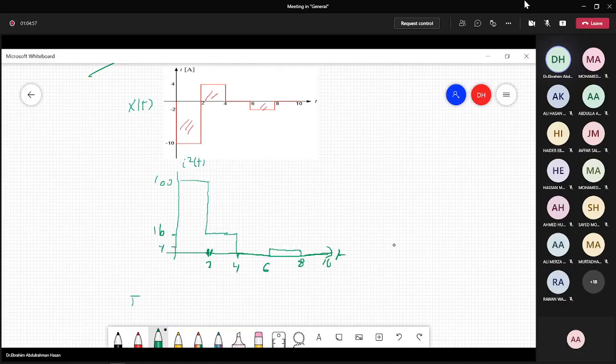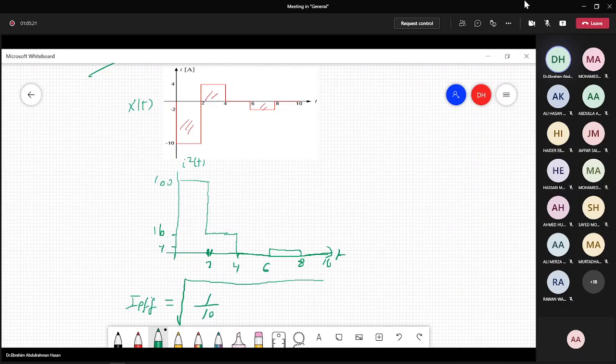Then I effective is equal to 1 over T, all under root. T is from here to here, so 1 over 10, integration of I square.